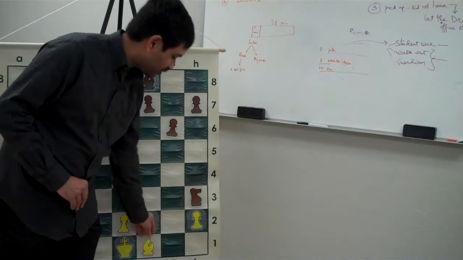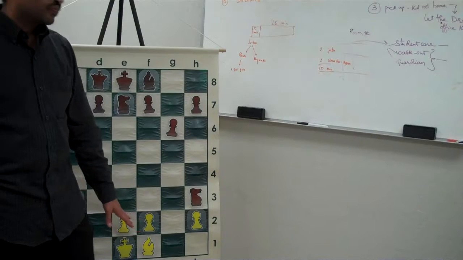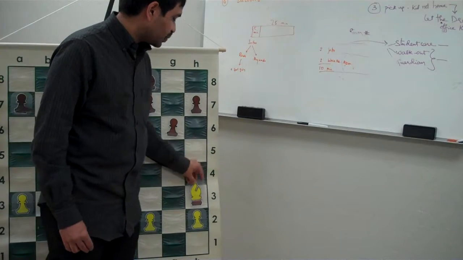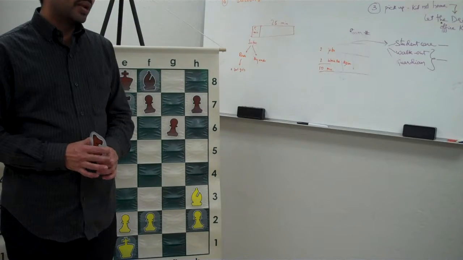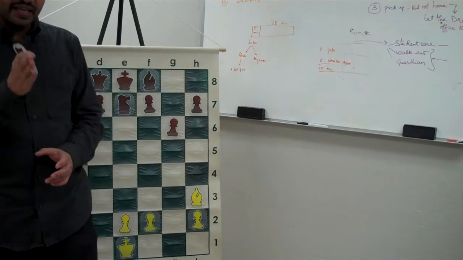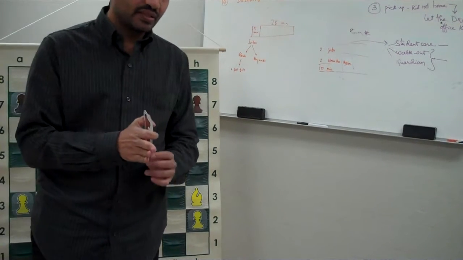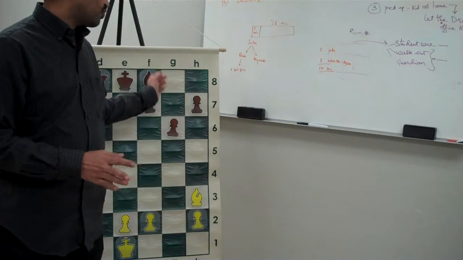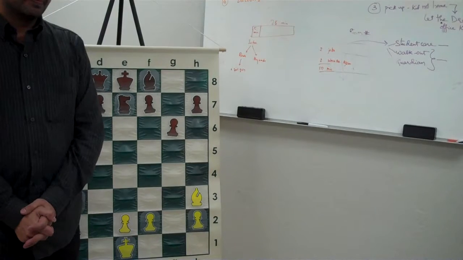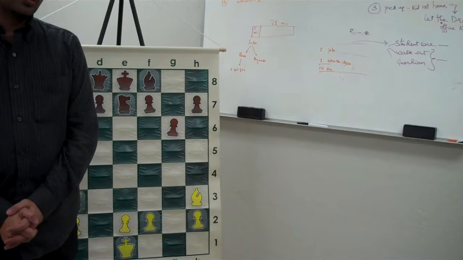So you're taking this very undeveloped piece and you're exchanging off a very well-developed piece. And that's okay. That's a very good plan. So exchanging your undeveloped piece for a very well-developed piece is a good exchange strategy.